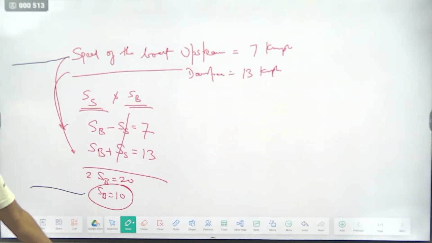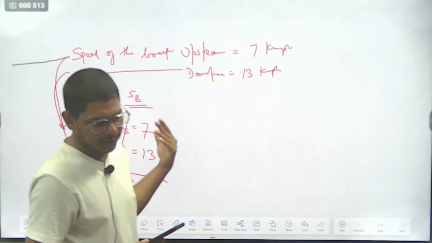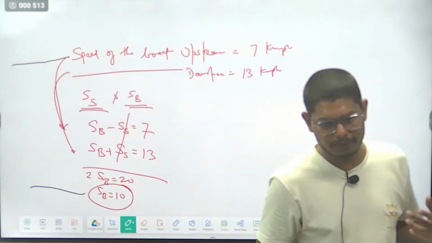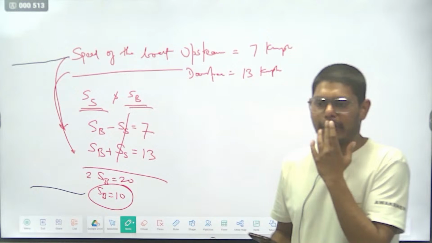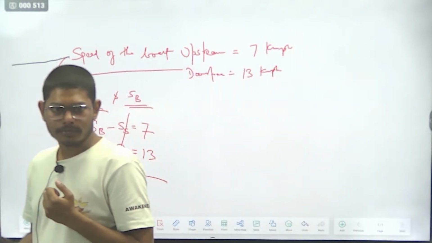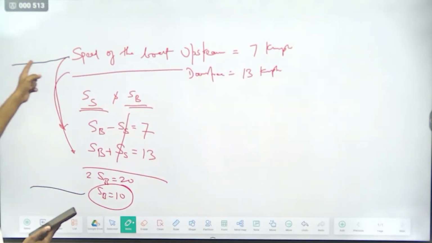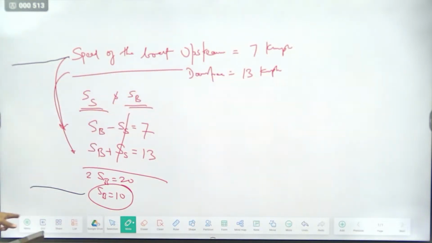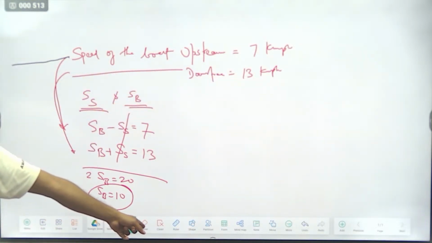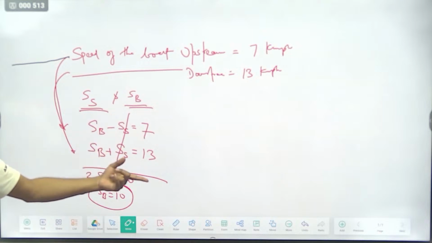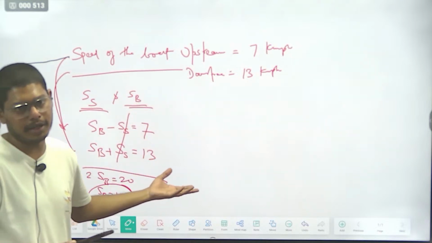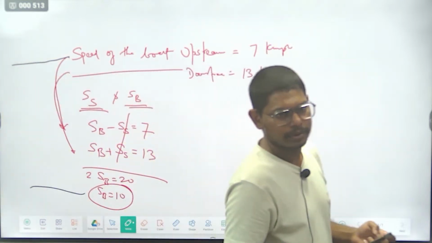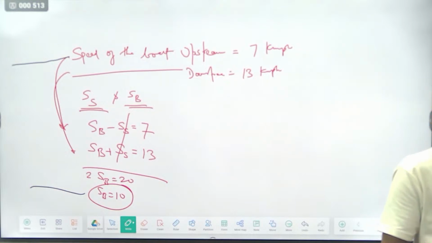Do you have any question over here? What is the difference between the first line and the last line? What sense am I trying to make?